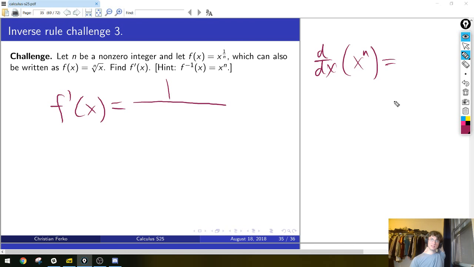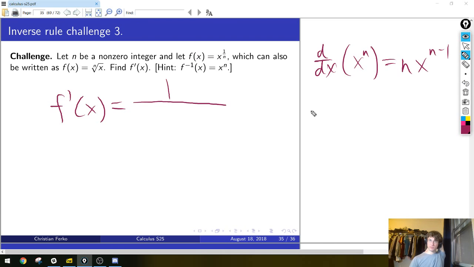Isn't this lovely? Yes. So we have that the derivative of x to the n is going to be nx to the power of n minus 1. Good. Okay, so now if we're using our rule, I'm going to rewrite the inverse function rule, but I'm going to replace all the f's and f inverses, because in this problem, I've intentionally swapped the roles of f and f inverse to see whether we understand the formula.